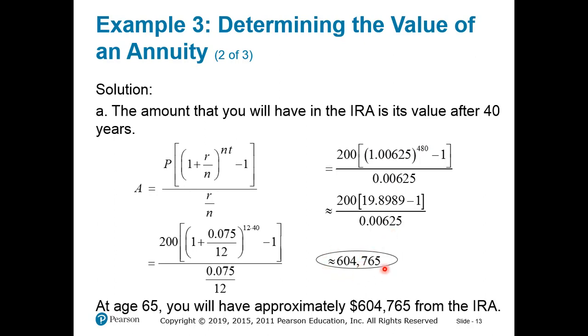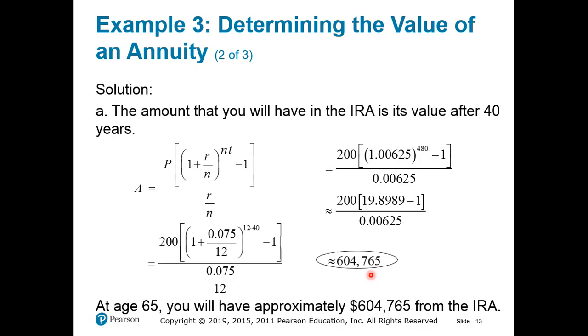And so we end up with approximately $604,765 at the end of 40 years, just by depositing $200 a month in an interest-bearing IRA at a 7.5% interest rate. Now, how much of that is interest?